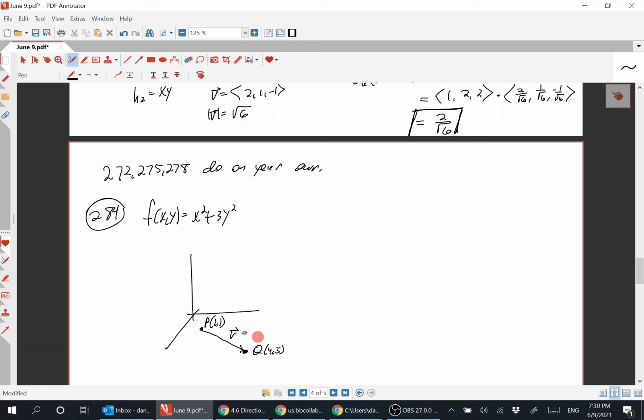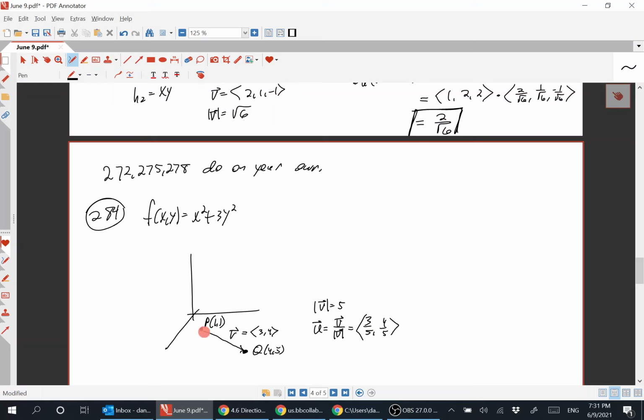The vector V here is 4 minus 1 is 3, 5 minus 1 is 4. So the length of V is 5. So the unit vector for the direction is V over the length of V. So that's 3/5, 4/5.